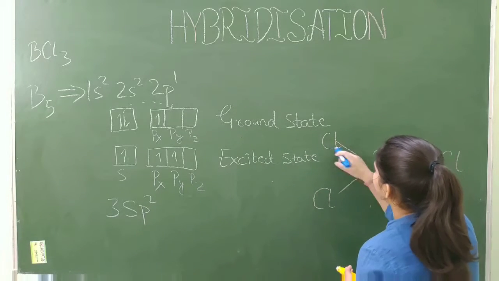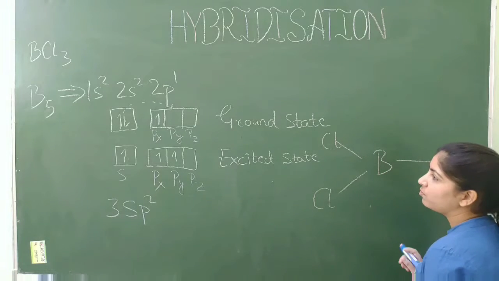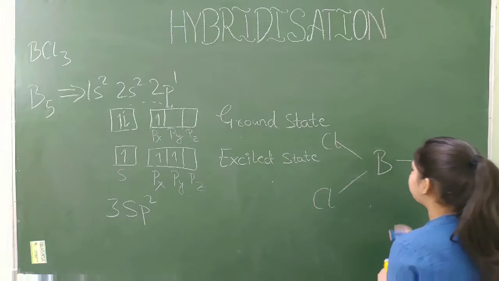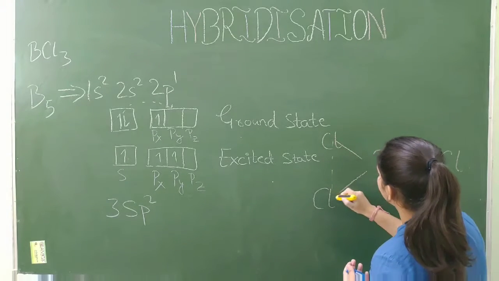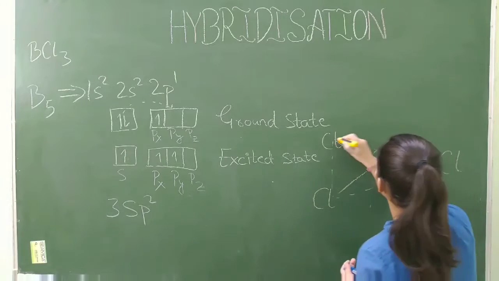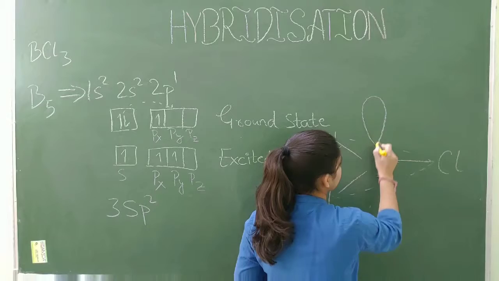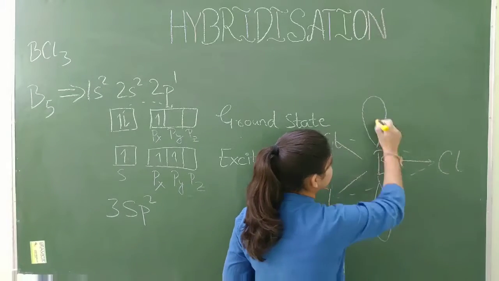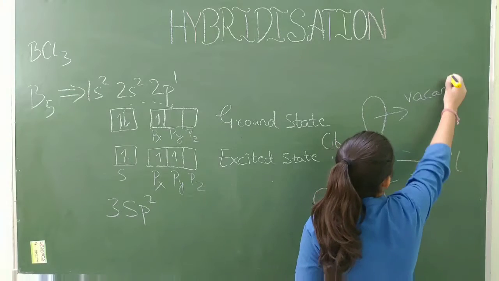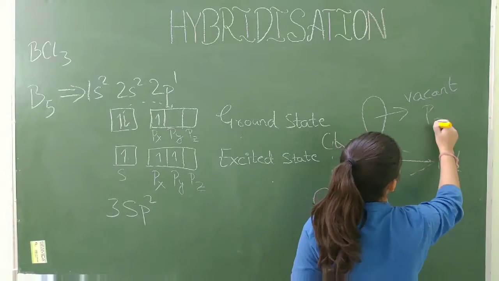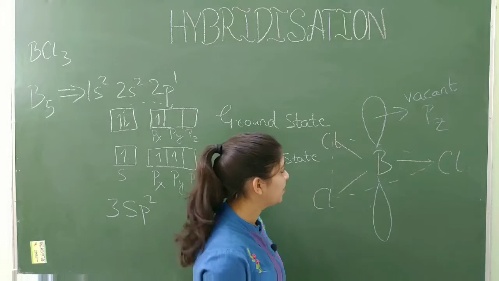That is, one of the electrons of chlorine and one of the electrons of boron will get mixed, and the geometry is trigonal planar and pz is vacant. This is the vacant pz which is perpendicular to the sp2 plane.